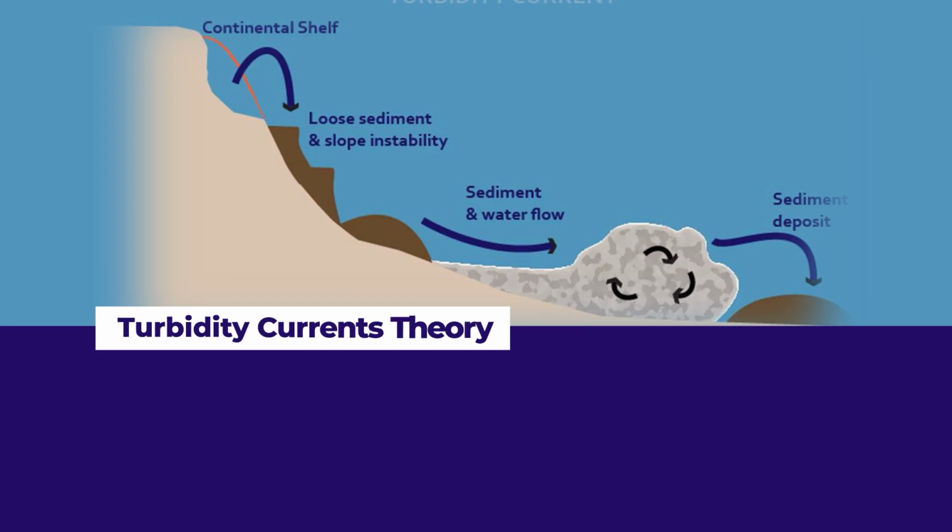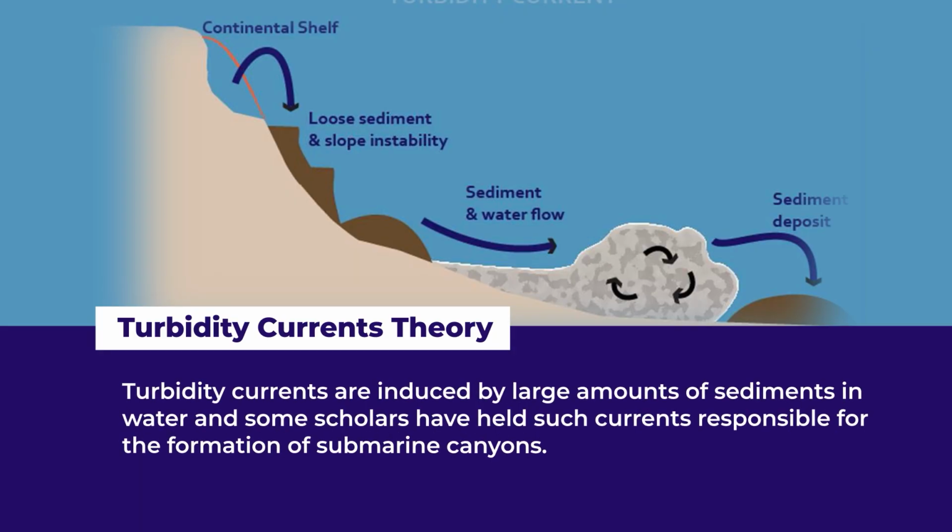Another explanation put forward by the scholars is in terms of turbidity currents, that submarine canyons are result of erosional work of turbidity currents operating in submarine environment. Turbidity currents are induced by large amounts of sediments in water, and some scholars have held such currents responsible for the formation of submarine canyons.